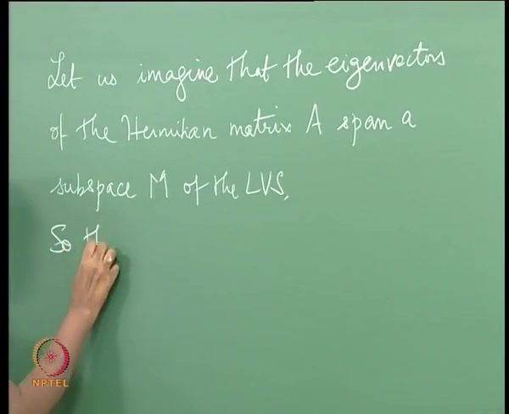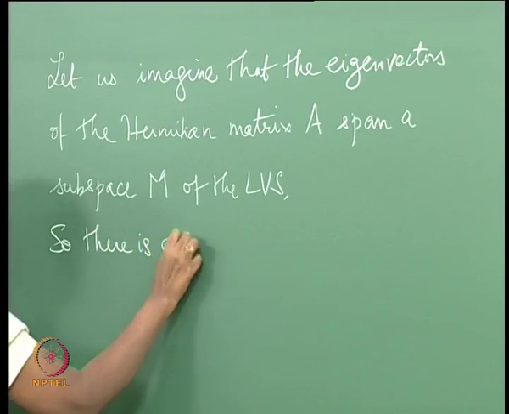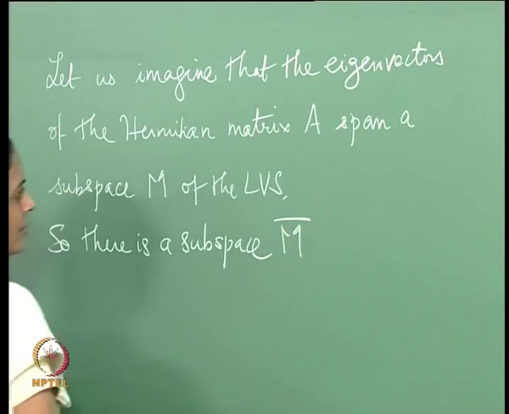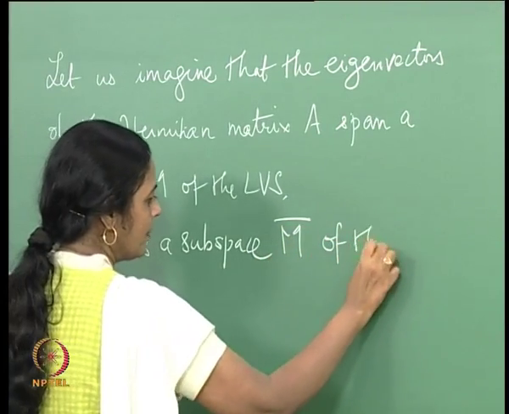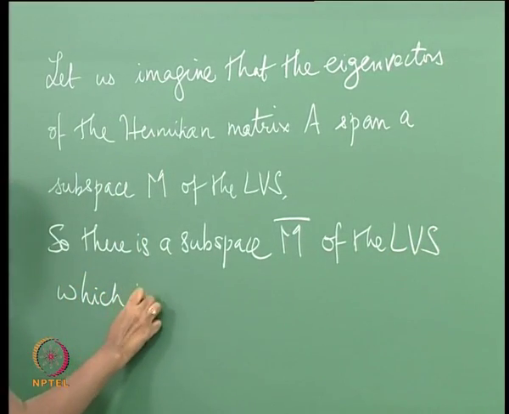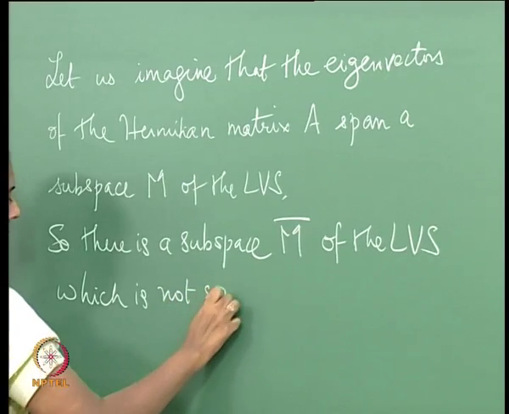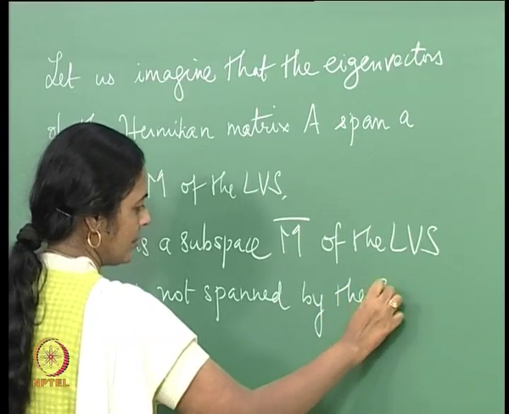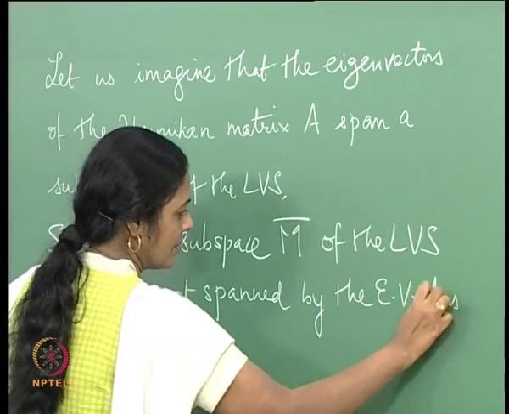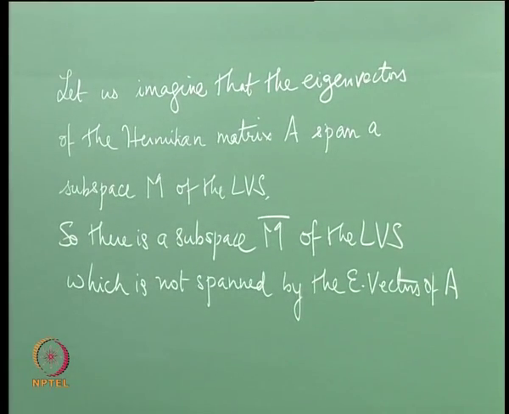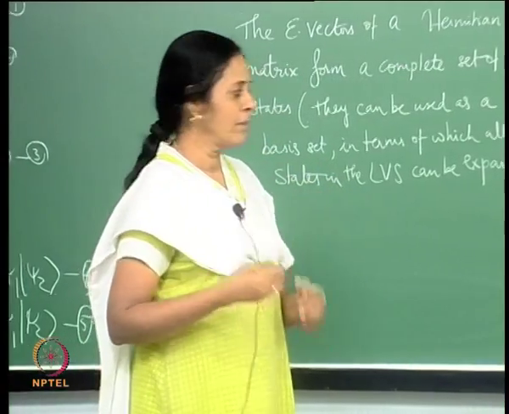So, there is a subspace M bar of the LVS which is not spanned by the eigenvectors of A. The total linear vector space is composed of M and M bar.